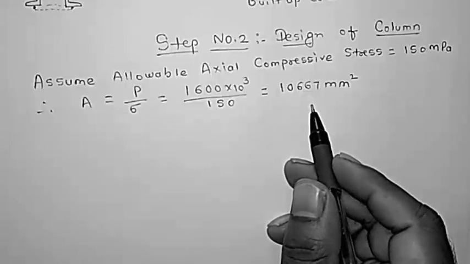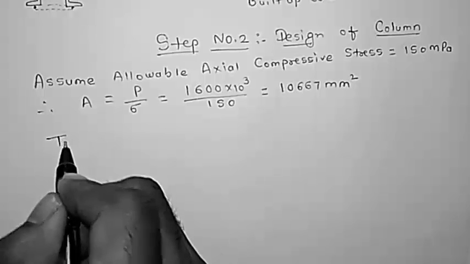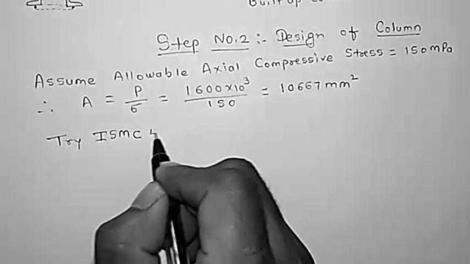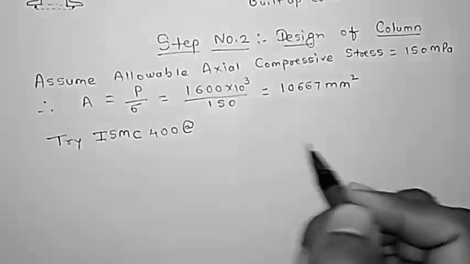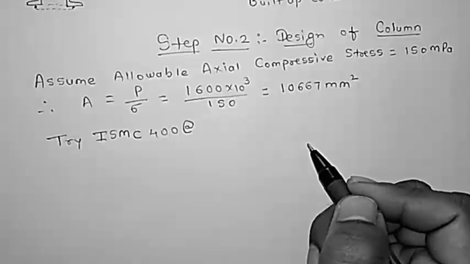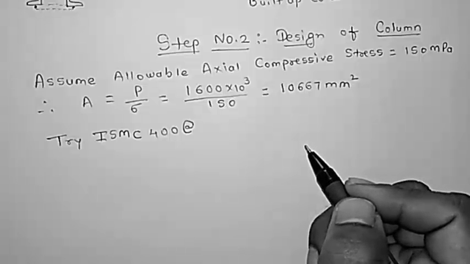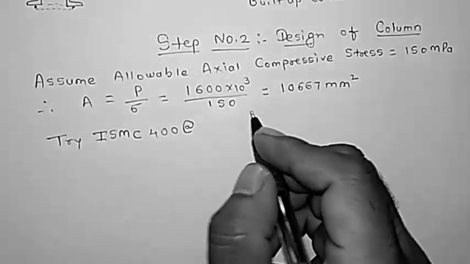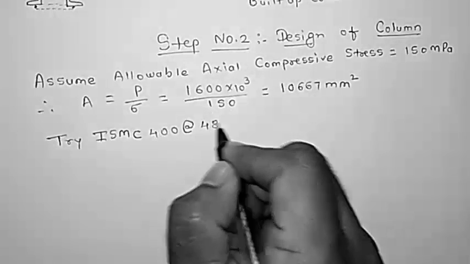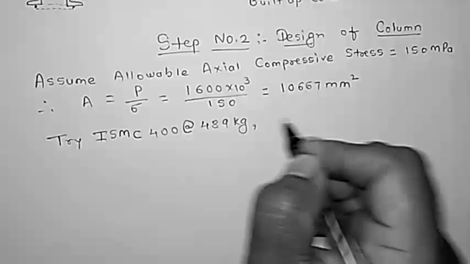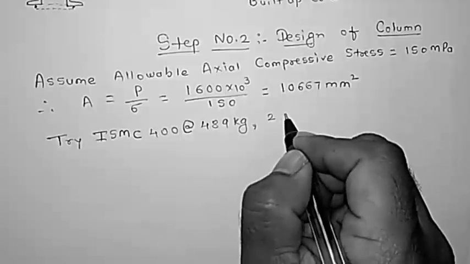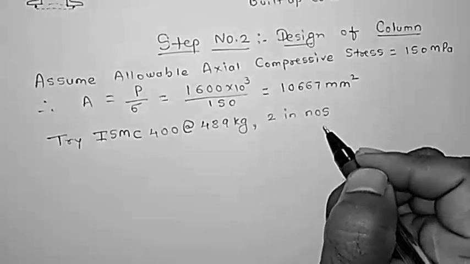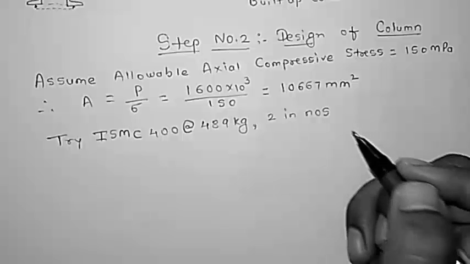So from the steel table, let us try ISMC 400. Since we have to design it with channel sections, using channel sections we have to design the built-up column. So we will just use this ISMC 400 at 489 kg, and you have to use 2 in numbers, as you have seen in the earlier diagrams. And what are the properties of it?